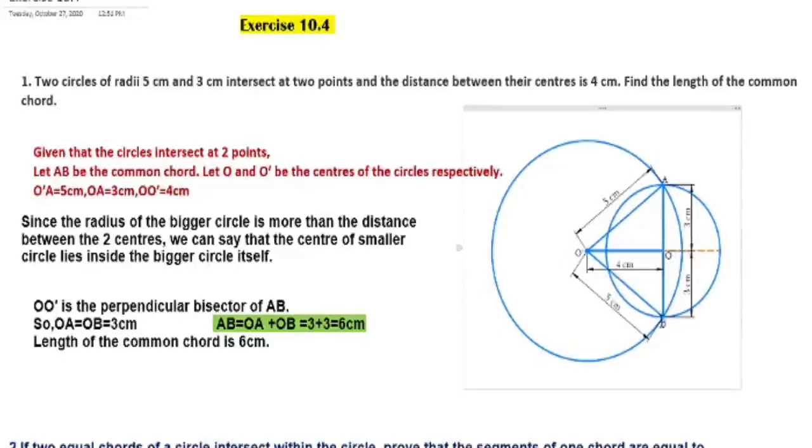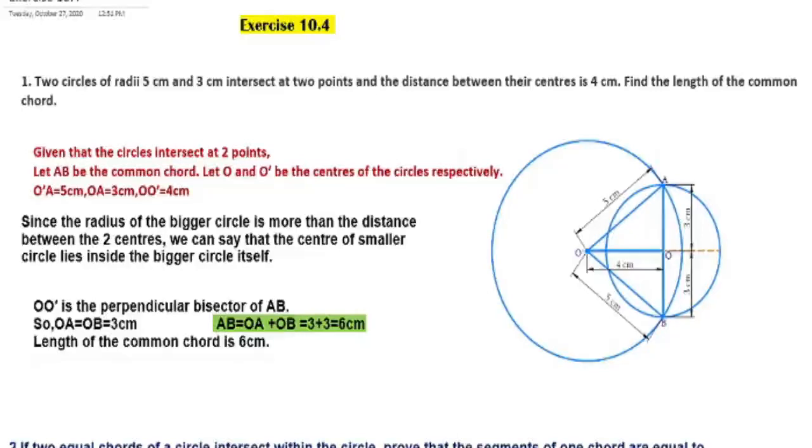So we can write AB equal to OA plus OB, that is 3 plus 3, which is 6 cm. So this is the answer of the first one. The length of the common chord is 6 cm.